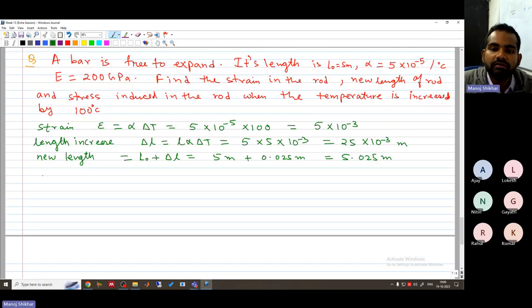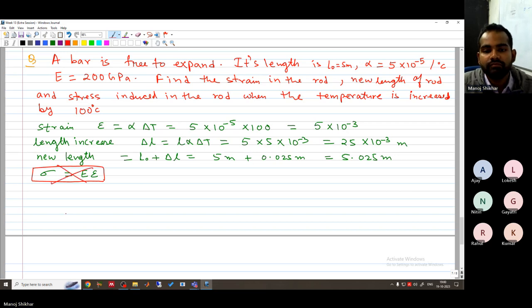Now the third part, the stress. So sigma, people will write sigma equal to E epsilon. And I've seen this many times in the answer sheets of students. But this is wrong because the rod is free.